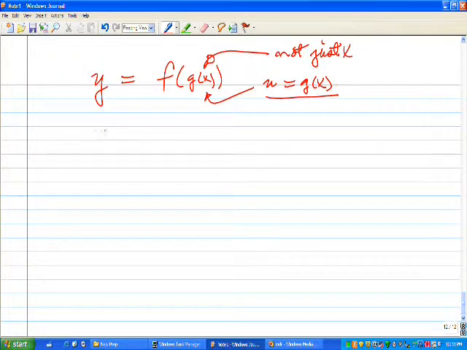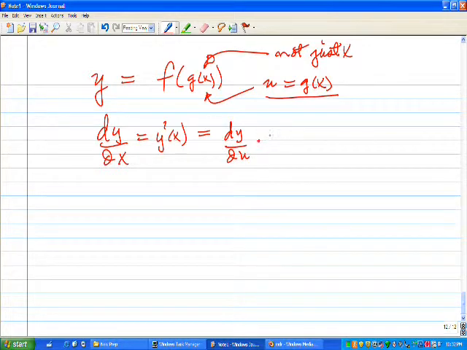And the chain rule says that dy/dx equals y prime of x is equal to dy/du times du/dx, the chain rule. Something that's not hard to implement, but it's also something that's easy to forget sometimes.